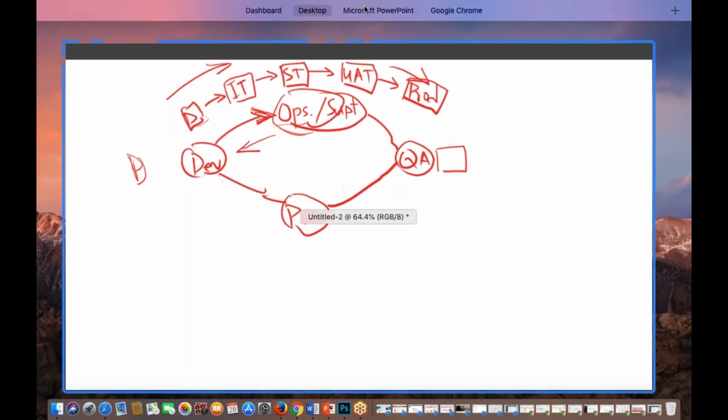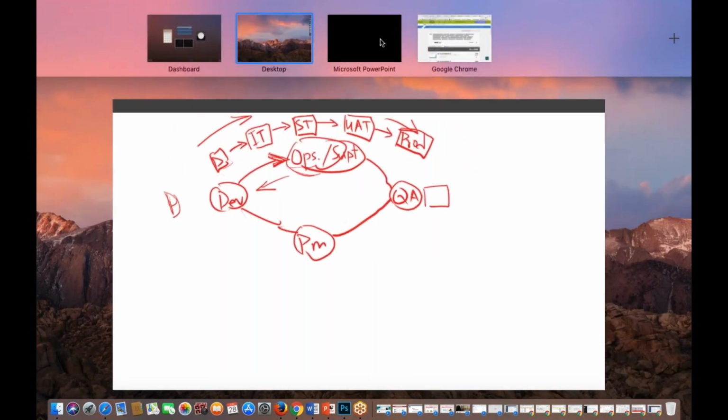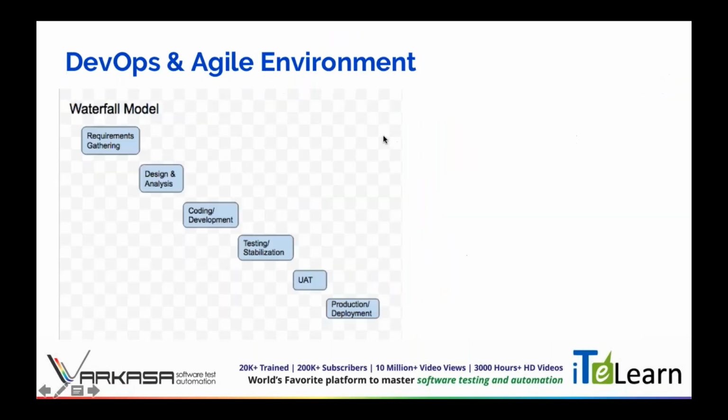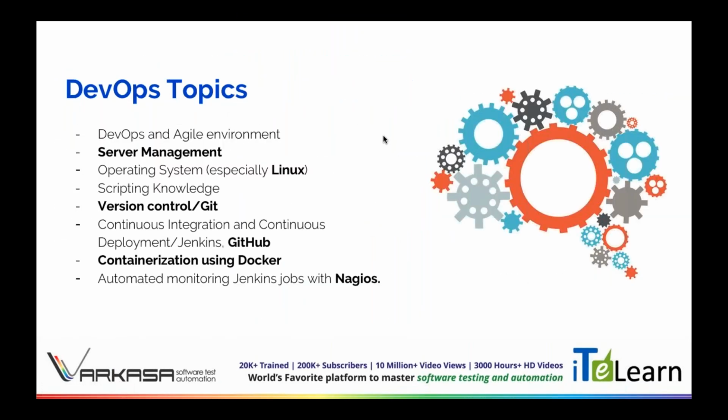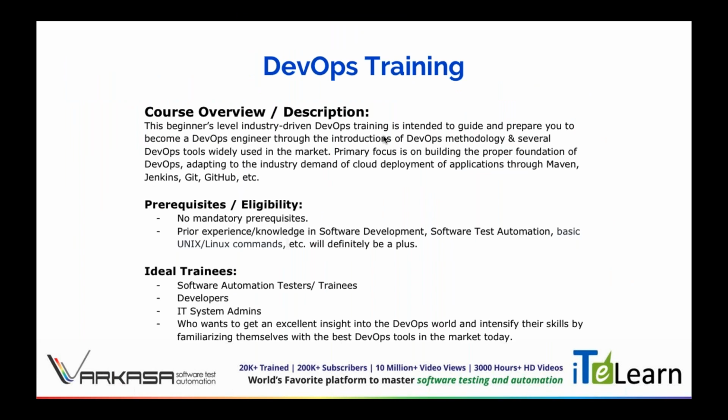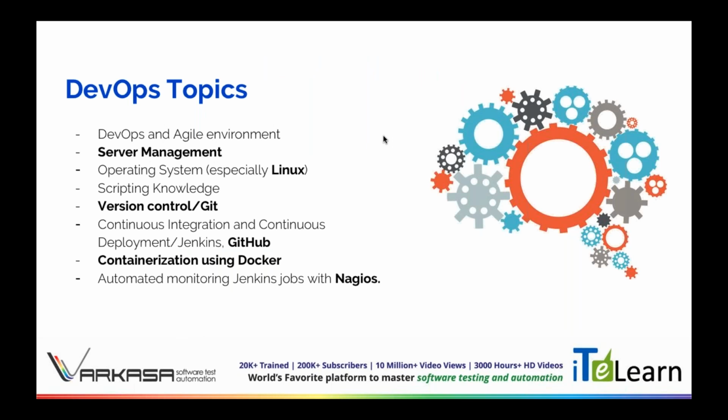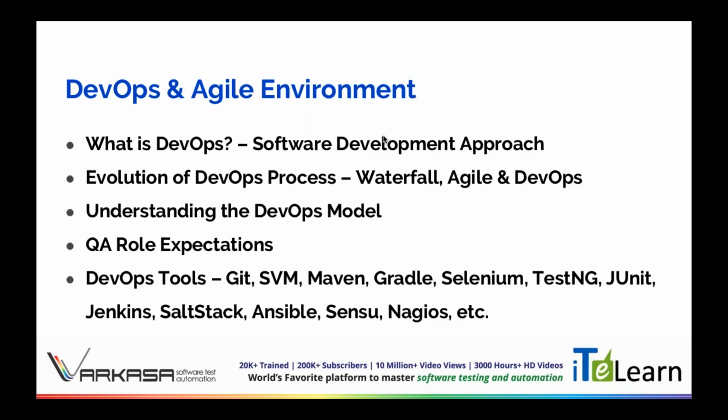But other than that, I hope this makes a little sense of what the DevOps process is, and what the importance of the DevOps process is in the software application development process. All you have to keep in mind is that it's an approach, just like an agile approach. This is just a step up.